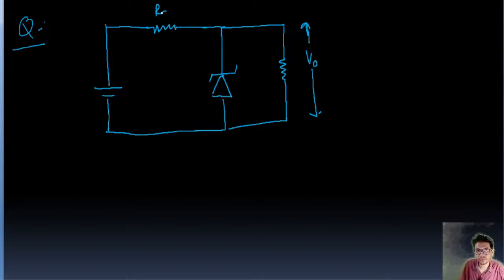This is RS, okay, IS current. This is IZ current. This is RL, and this is IS, guys, and this is IL.